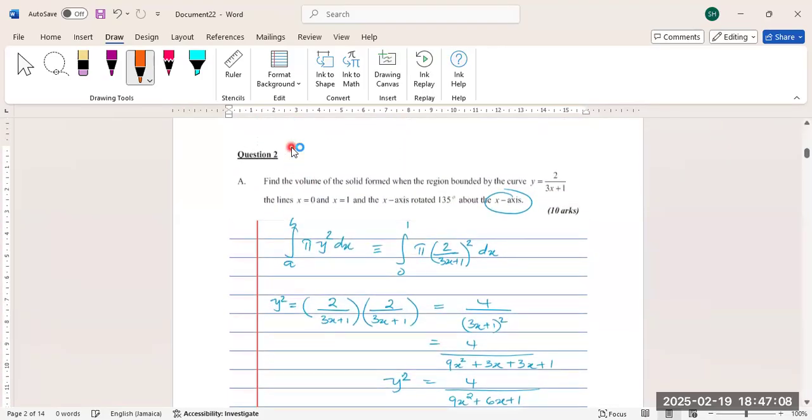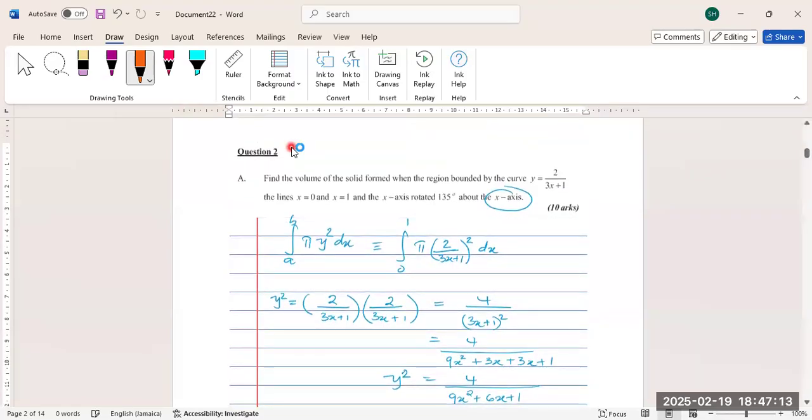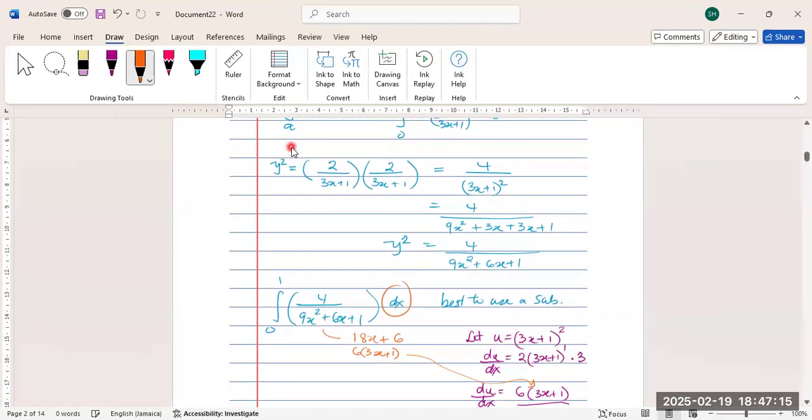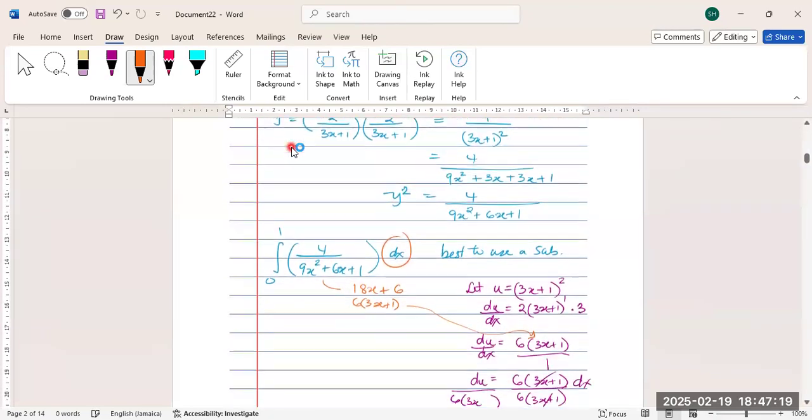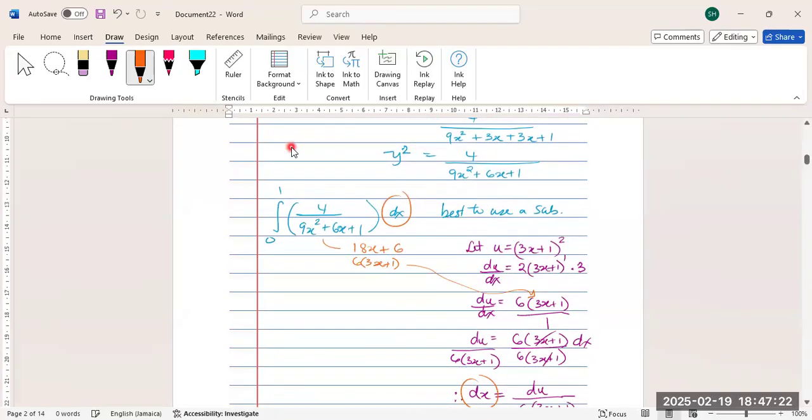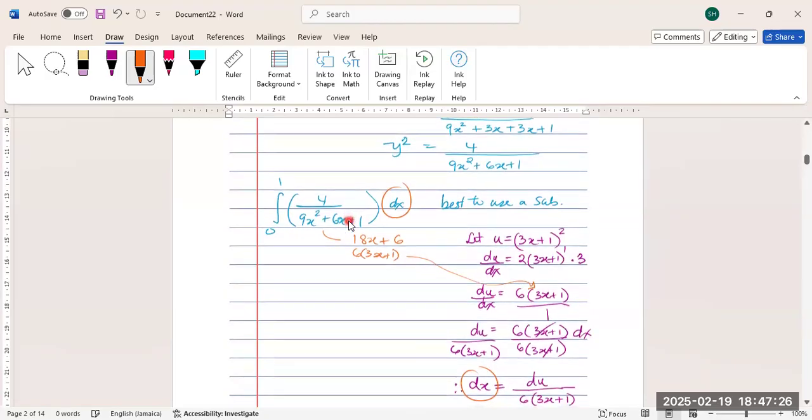Now I'm going back to the question. x equals 0 and x equals 1. So what I'm doing is I'm letting u be equal to 3x plus 1 all squared.